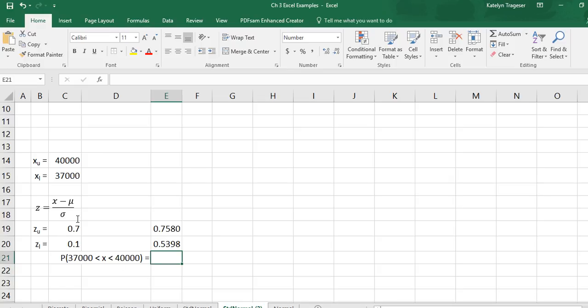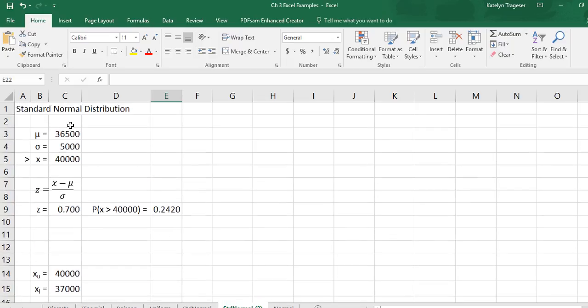So remember, we want what's in between. So we need to take our upper minus our lower. And we get a value of 0.2182, or we could say that 21.82% of tires fall between 37,000 and 40,000 miles of use.